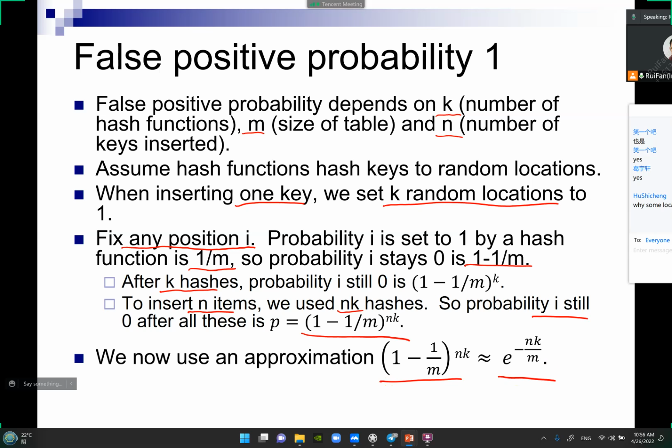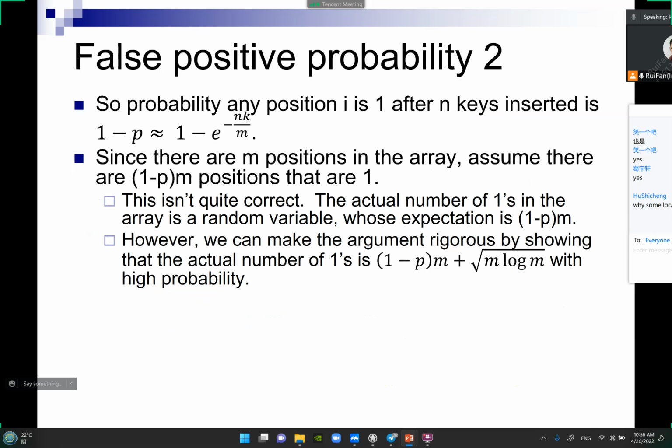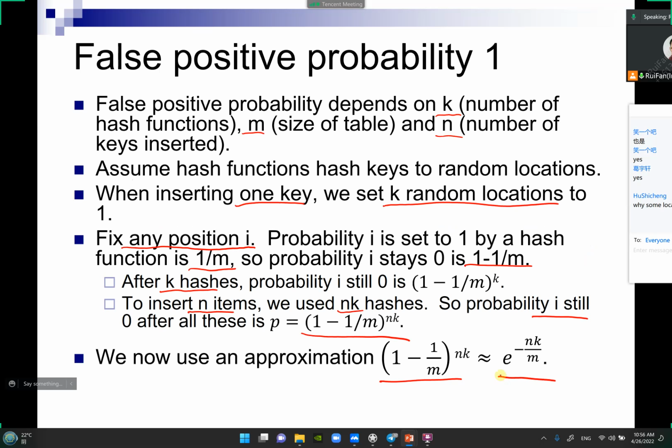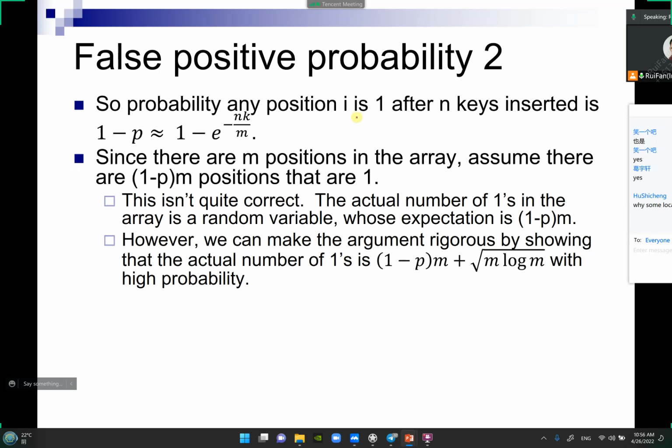This is going to make our calculations a bit easier. So the probability that a position stays 0 is about this function. And the probability that a position becomes 1 after you insert n keys is just 1 minus that probability. It's going to be about this.